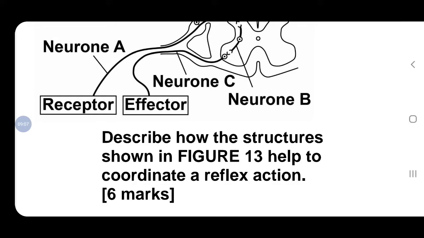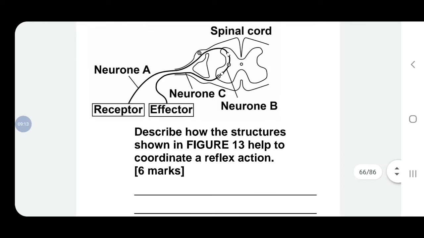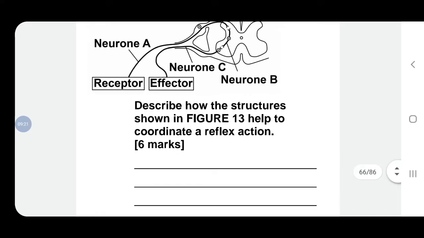Describe how the structures shown in figure 13 help to coordinate a reflex action. So you can write receptor detects stimulus, receptor detects pressure, receptor generates impulses, and neurons conduct impulses.